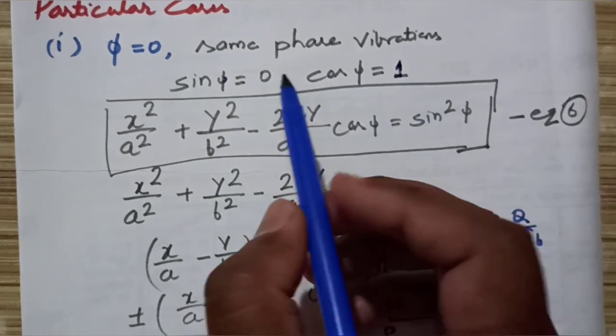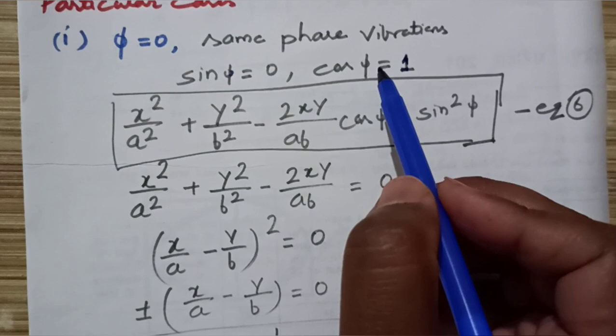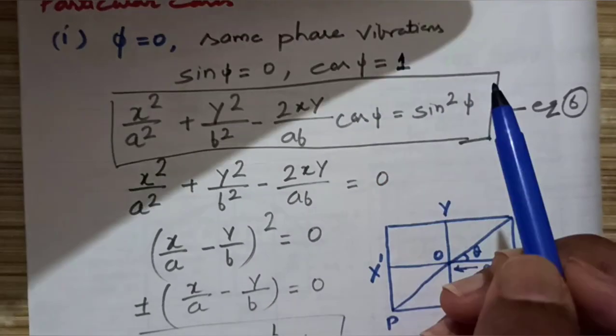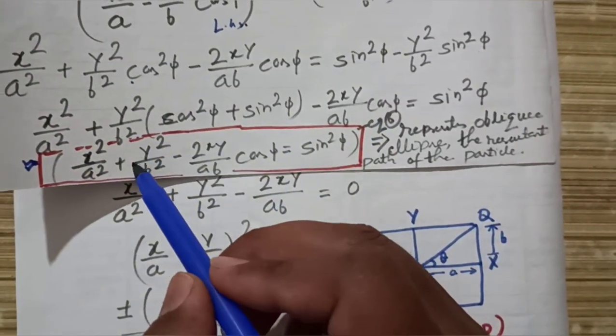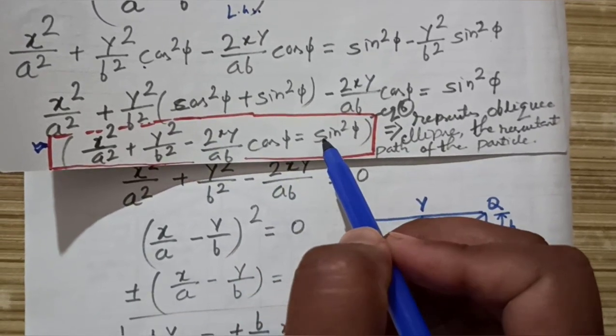We will substitute these values of sin phi and cos phi in the previous equation, as I have earlier shown you, which is x square upon a square plus y square upon b square minus 2xy upon ab cos phi equals sin square phi.